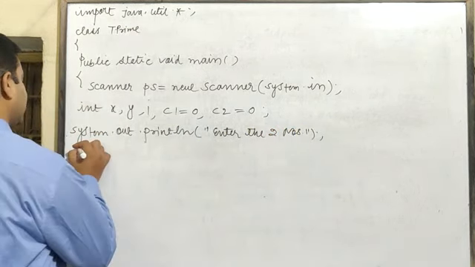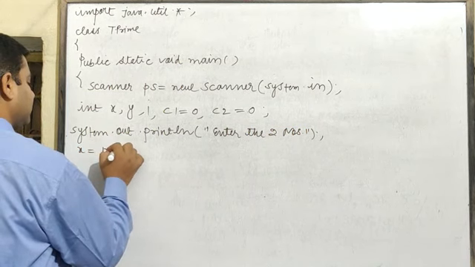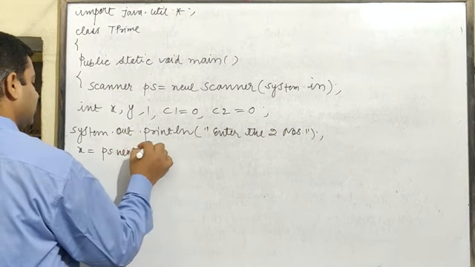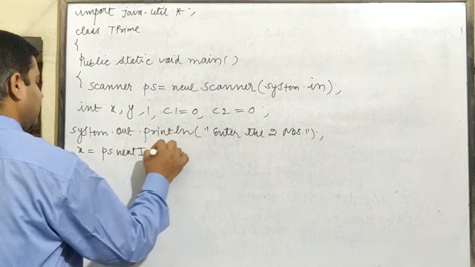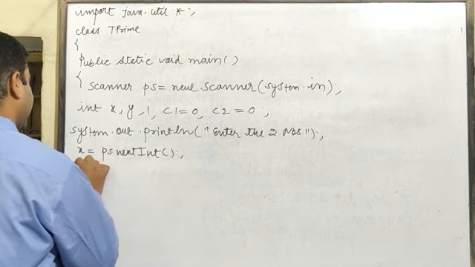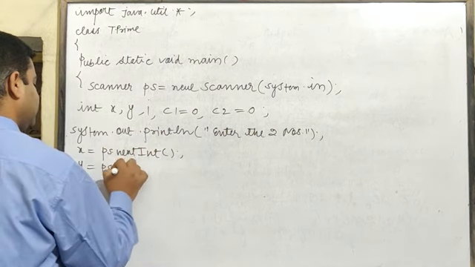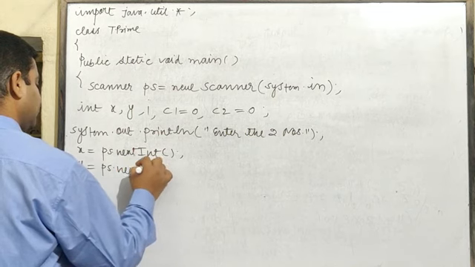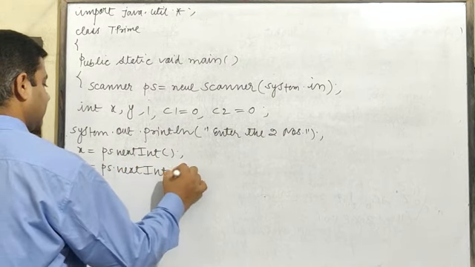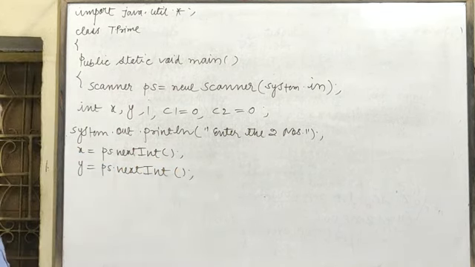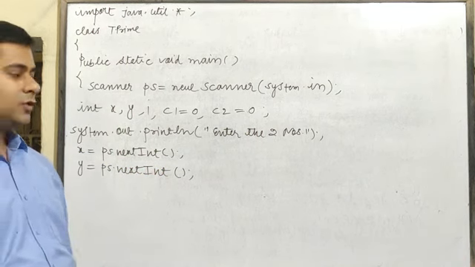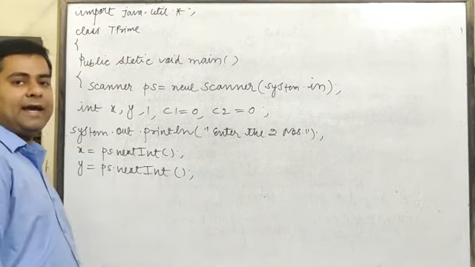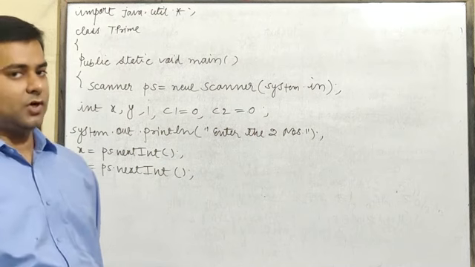So the first value will be stored as x, and y equals PS dot nextInt. Now we have input two values, x and y. Now we have to check whether x and y are both prime in nature or not.